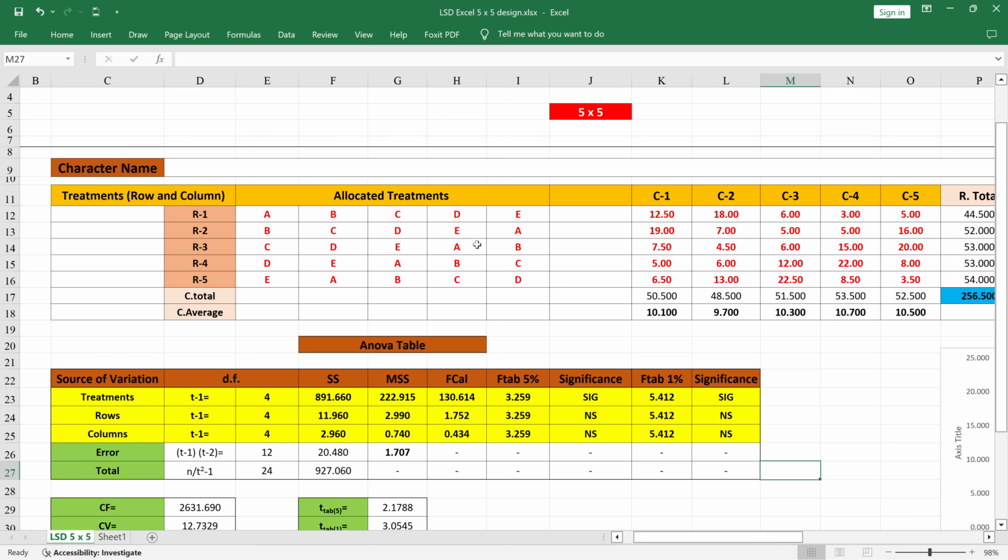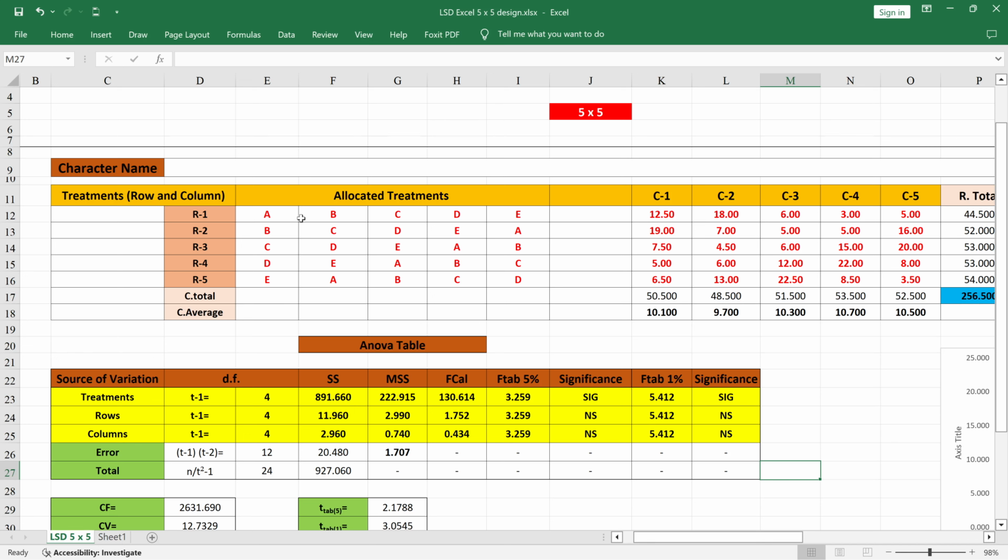But keep one thing in mind when you allocate these: in Latin square design, we should consider the treatment allocation very meticulously, because we need only one of each treatment in a row or in a column. We don't want to repeat any treatment in the same column or same row.